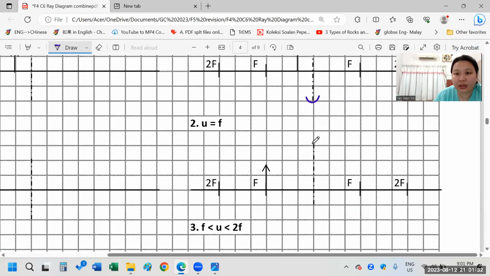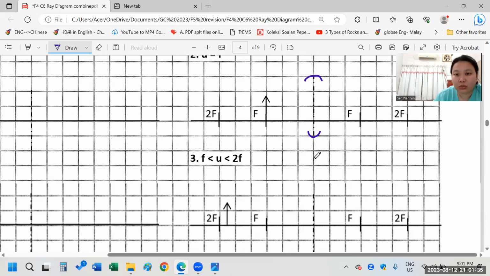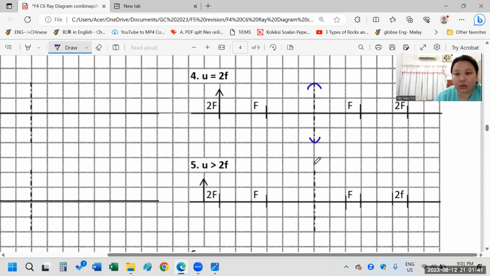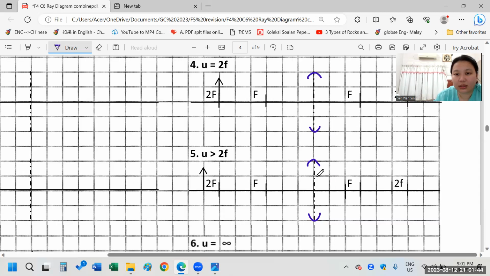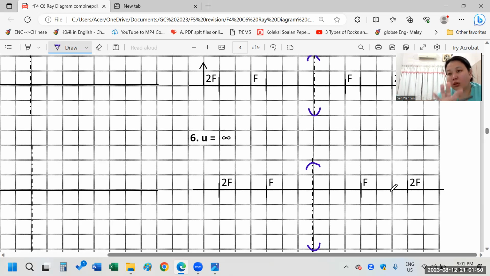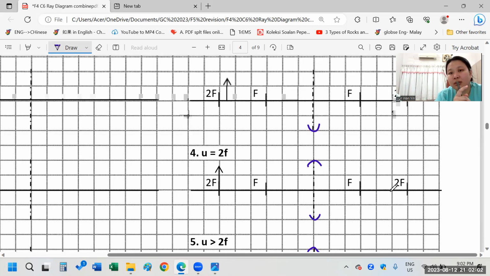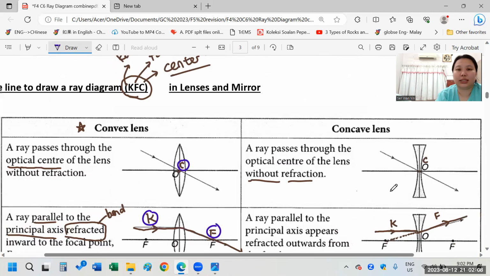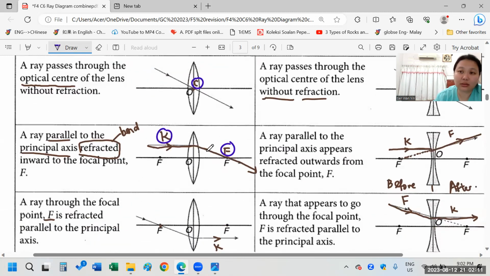Number 1, number 2, number 3, number 4, number 5, number 6. All are convex lens. Why are there 6? Because for convex lens, they use the F after the lens, so a lot of images form.